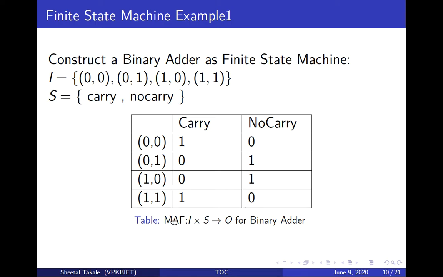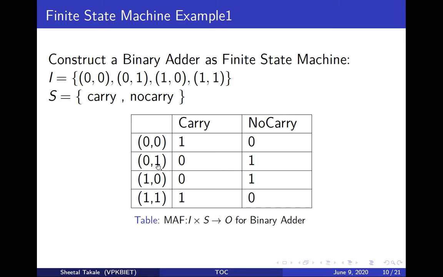So the MAF is basically mapping the present state and the present input to the output. Similarly, present state and present input result in the output. So the MAF for the binary adder is listed here. So how is it? 0 plus 0 with carry results in 1. 0 plus 0 with no carry will result in 0.